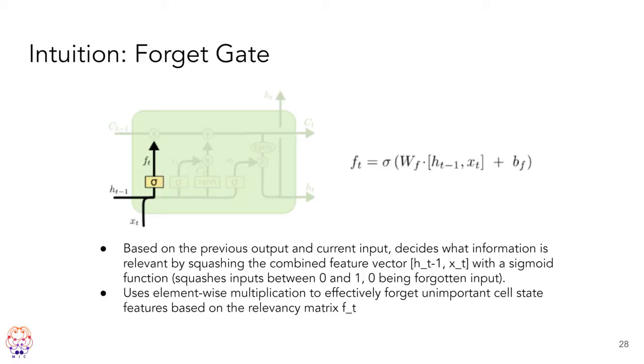So you can kind of think of it as forgetting: do we really need this input? If we don't, it's just going to be 0. If we want it, it's going to be 1. And after we squash that, we're going to element-wise multiply it by our cell state. So this is, once again, saying, okay, what inputs do we not care about anymore, or what do we want to forget?